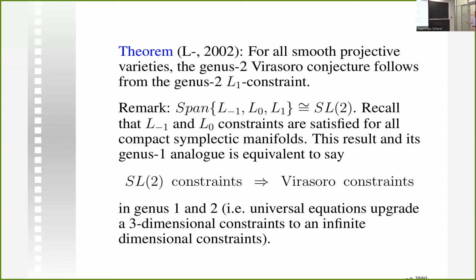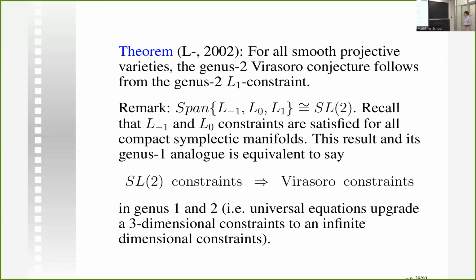So we can interpret this result together with the genus 1 result I mentioned before as the following. It basically says that if you know the SL2 constraint is correct, then the Brosser constraint is correct. This was proved in genus 1 and genus 2. This is a universal result which does not have any restriction on manifolds.